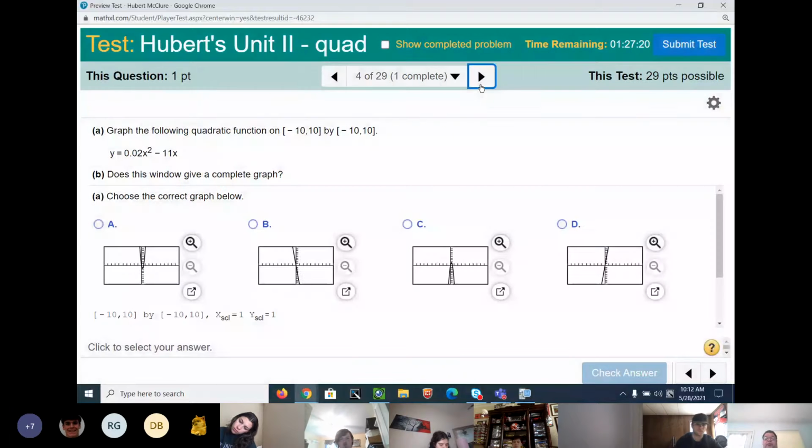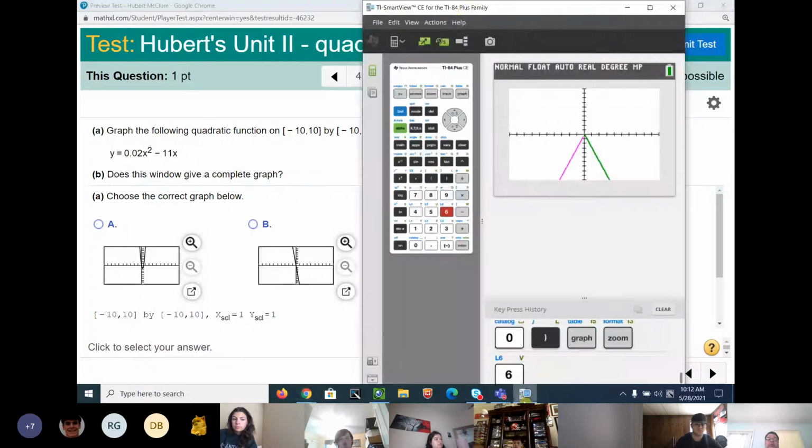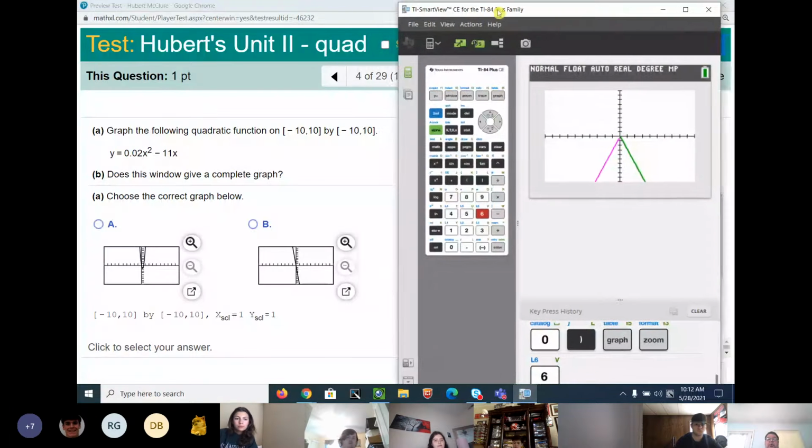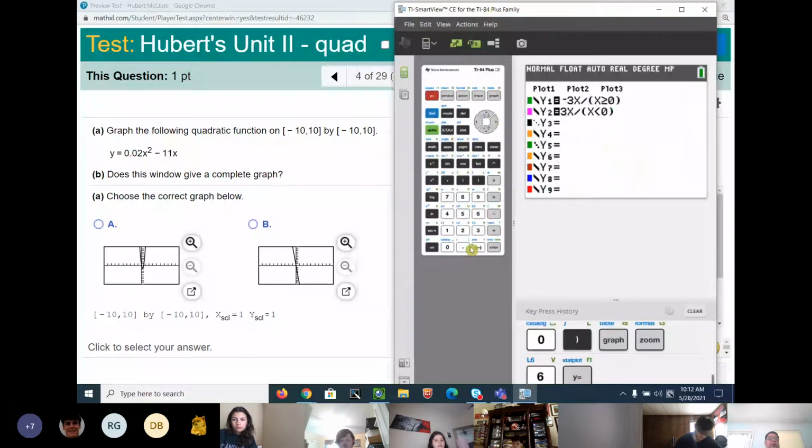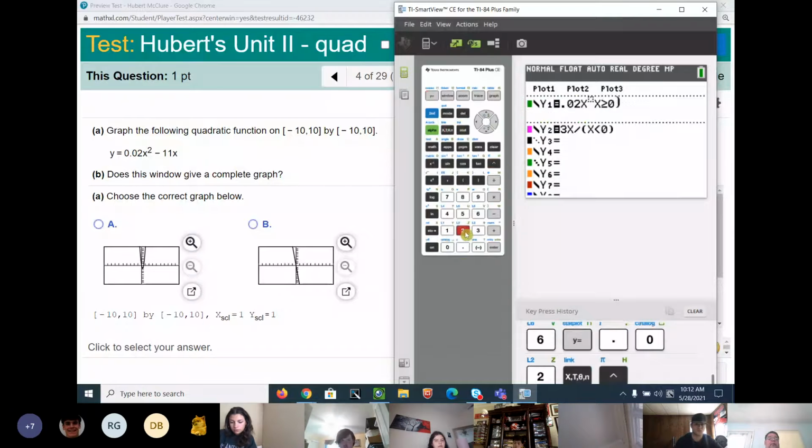There we go. Another graphing on the calculator question. So go ahead and do that one and follow the directions. It'll make life a whole lot easier. So we're going to go y equals 0.02x squared minus 11x. I'm going to just hit clear.